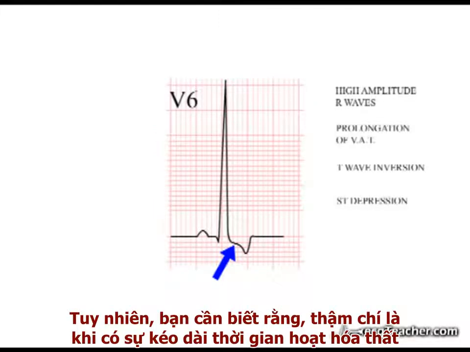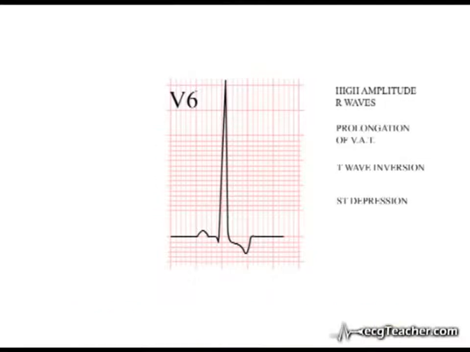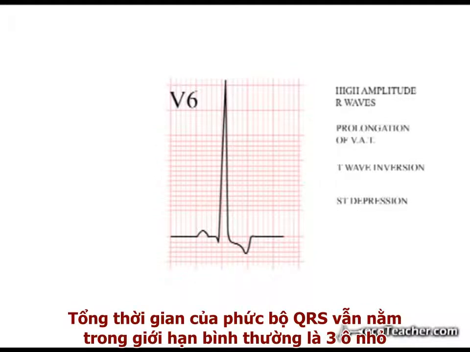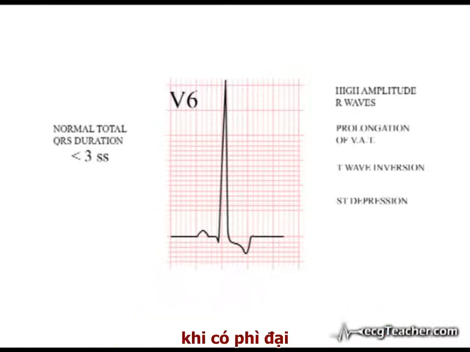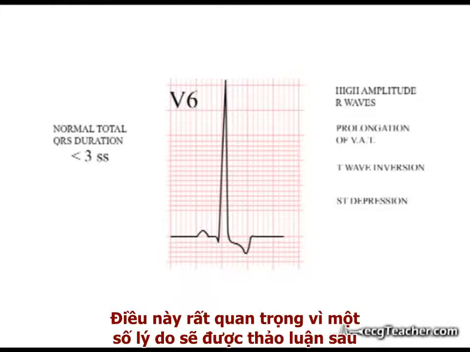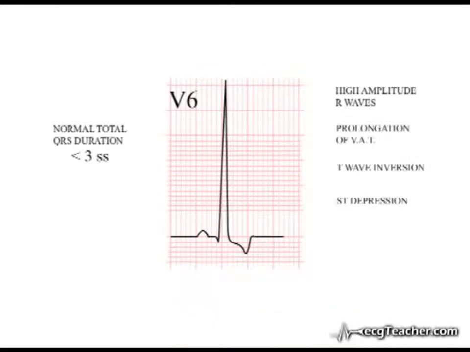Note, however, that even with prolongation of the ventricular activation time, the total QRS complex duration remains within the normal limit of 3 small squares in the presence of hypertrophy. This is important for several reasons to be discussed in future sections.